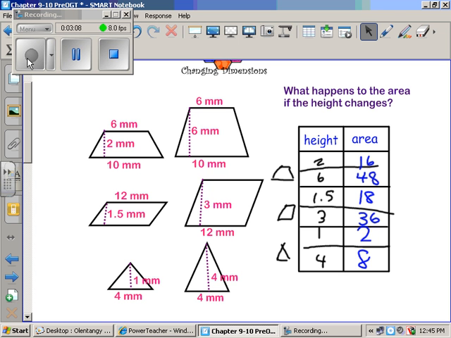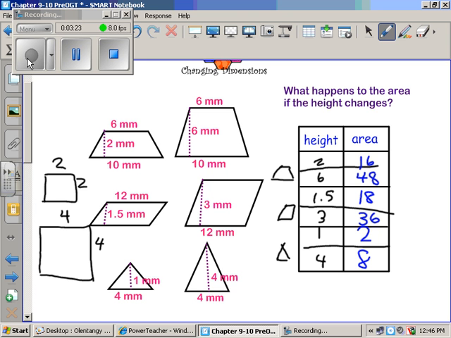That's different from when we were talking about similar figures, because if we had a square that was 2 by 2, okay, and a square that was 4 by 4, first of all, are they similar figures? Yeah, what's the similarity ratio? 1 to 2. Okay, so the similarity ratio is 1 to 2. What's the ratio of their areas?